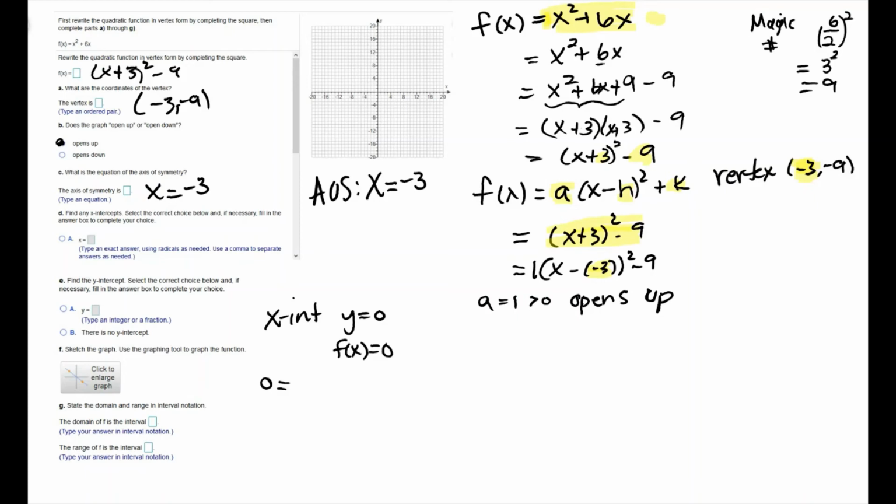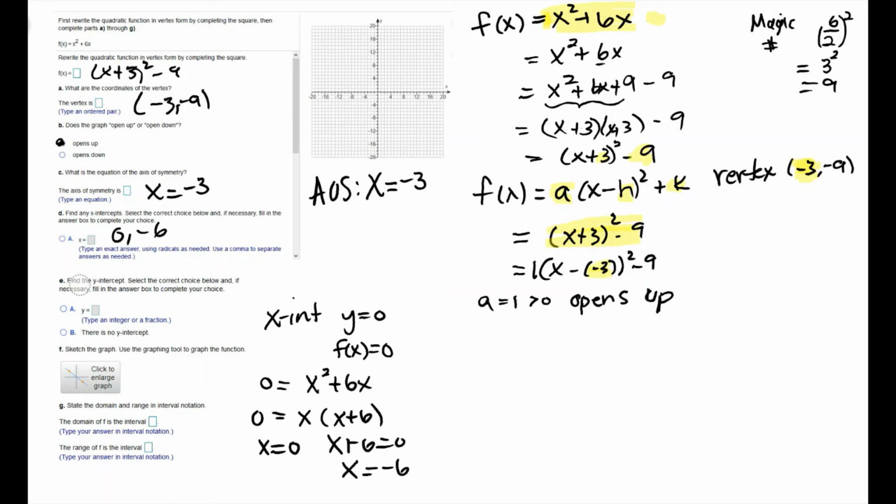In the last problem, it was in vertex form, so this one I'm going to do in the general form. So to solve this, I'm going to factor. I can factor the greatest common factor of x. That would give me x times x plus 6, and then I can set each of these factors equal to 0 to get x equals 0 and x equals negative 6. So those are my x-intercepts.